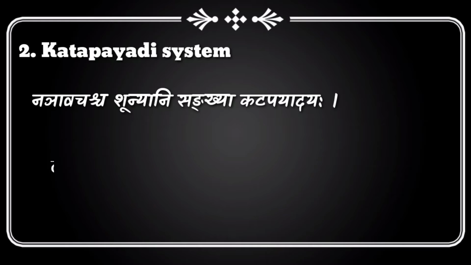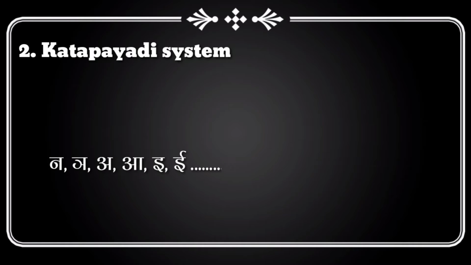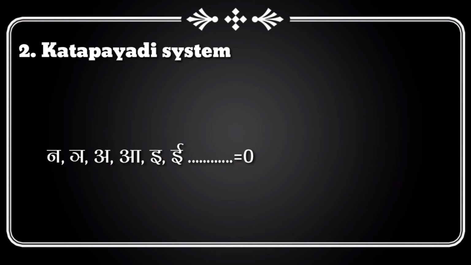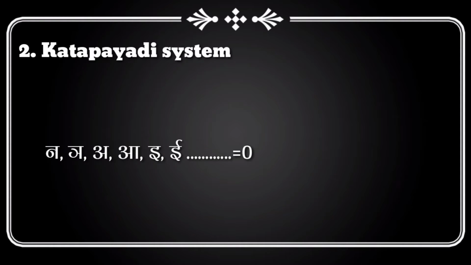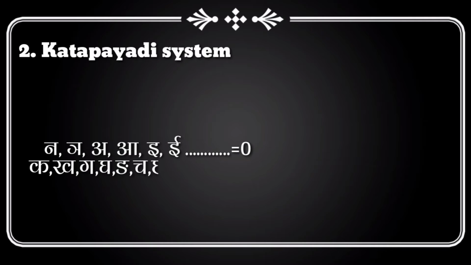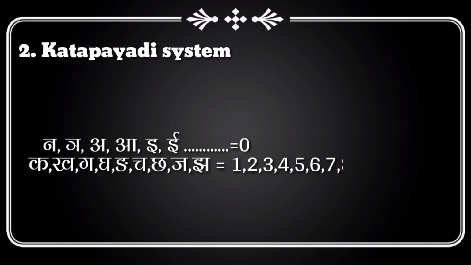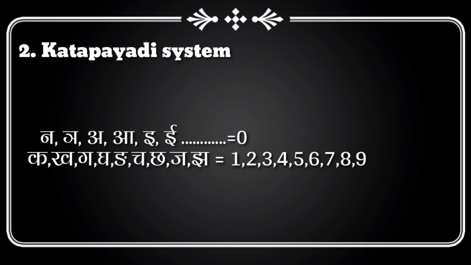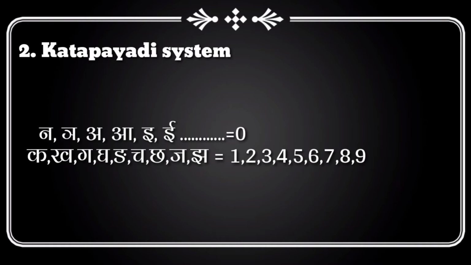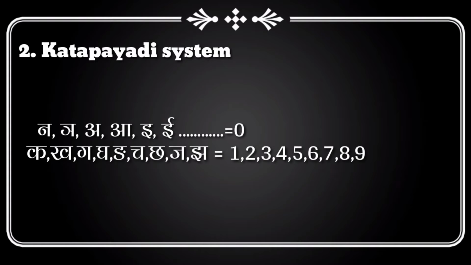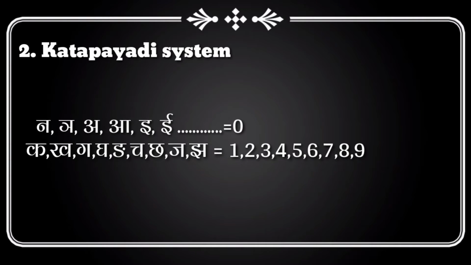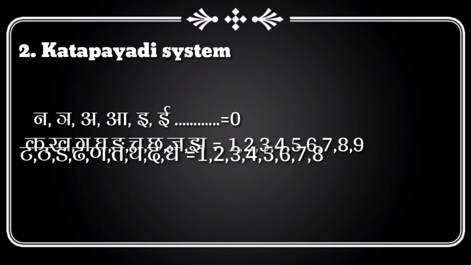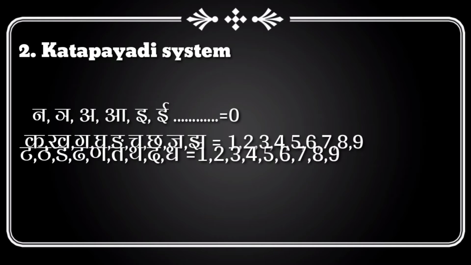So it translates as Na and Ya, and all the vowels are going to represent the number 0. And the other 9 integers, that are 1, 2, 3, 4, 5, 6, 7, 8, and 9, are going to be represented by Ka, Kha, Ga, Gha, Nga, Cha, Chha, Ja, Jha. And similarly, Ta, Tha, Da, Dha, Na, Ta, Tha, Da, Dha.